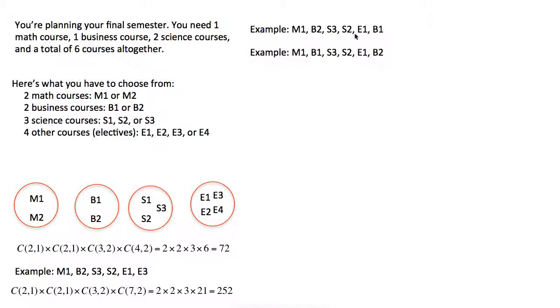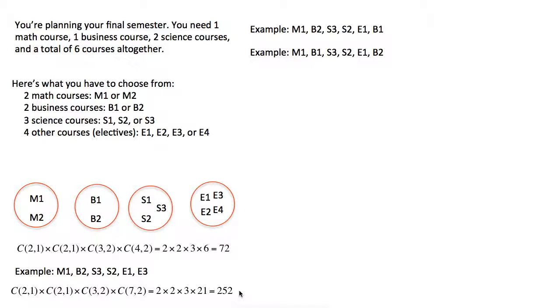The problem is we have counted these as 2 separate cases, but really they're identically the same schedule. Each of them represents the schedule where you're taking M1 from the math classes, B1 and B2 from the business classes, S3 and S2 from the science classes, and E1. So they're exactly the same set of courses, even though we have counted them as 2 separate possibilities when we have used this method.